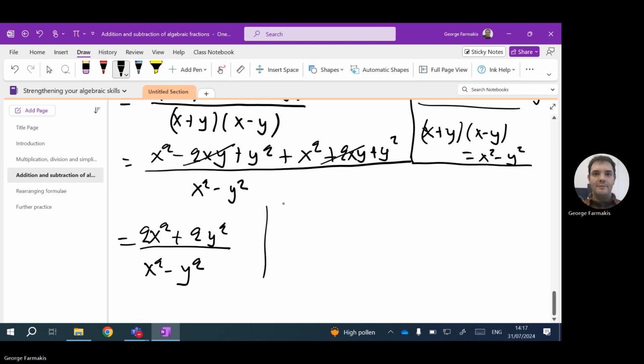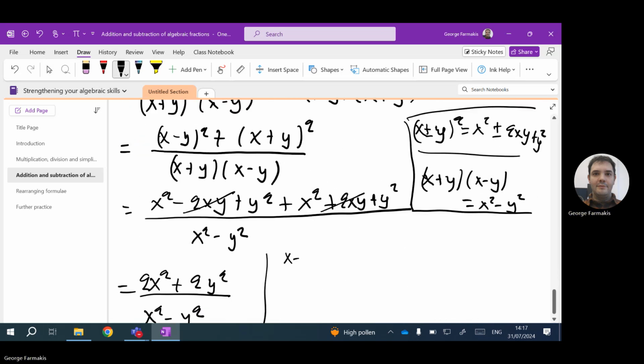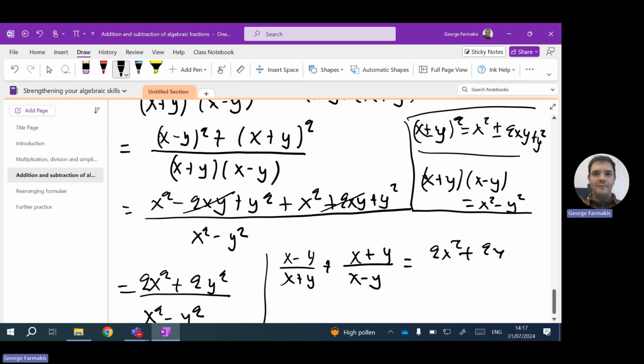So (x minus y) over (x plus y) plus (x plus y) over (x minus y) is equal to 2x squared plus 2y squared over x squared minus y squared.